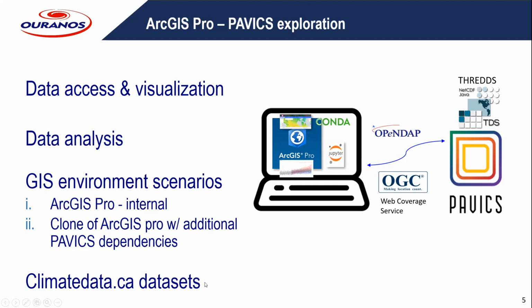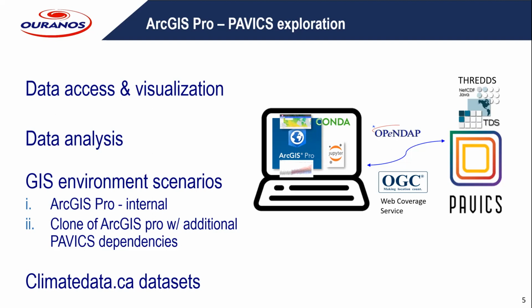And the overall examples will be looking at accessing climatedata.ca datasets, so the maps and figures that are on the website. There are copies of the same data files on the PAVX thread server, so that's all accessible. And the reasoning behind that has been mainly that the site has been fairly well received. It's been online for a number of years now.